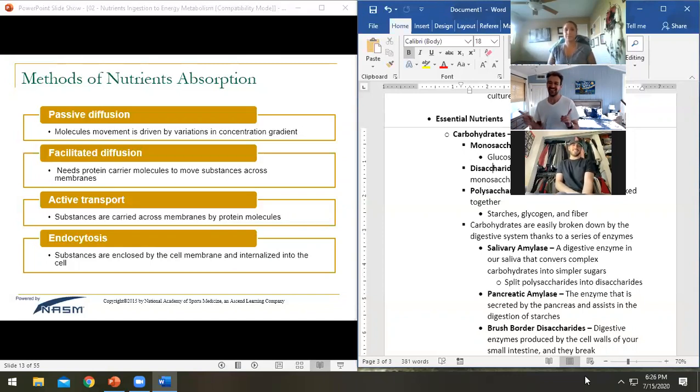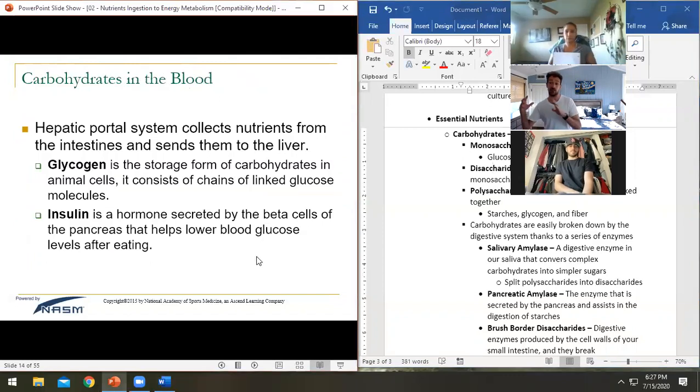So in endocytosis, your cell walls open up, grab materials, and bring them in. So when I mentioned that stuff is moving into your bloodstream, most of that is happening through passive diffusion. That's the most common way. You've got empty holes, and things that are small enough can go through those holes and get into your bloodstream. But certain materials need active transport.